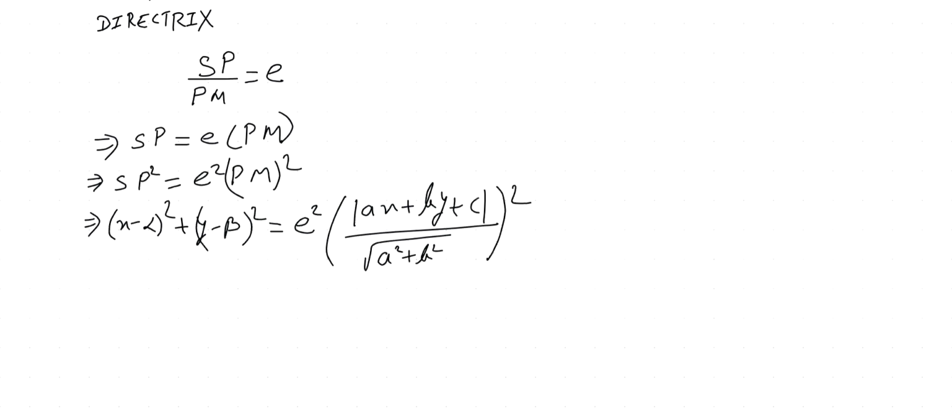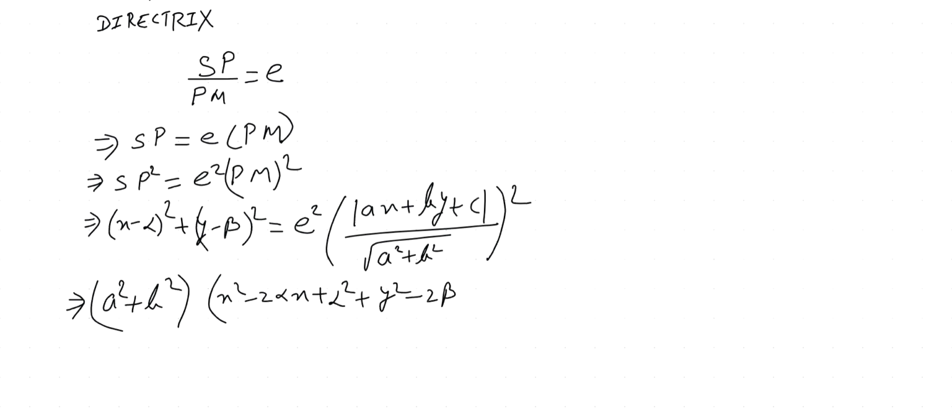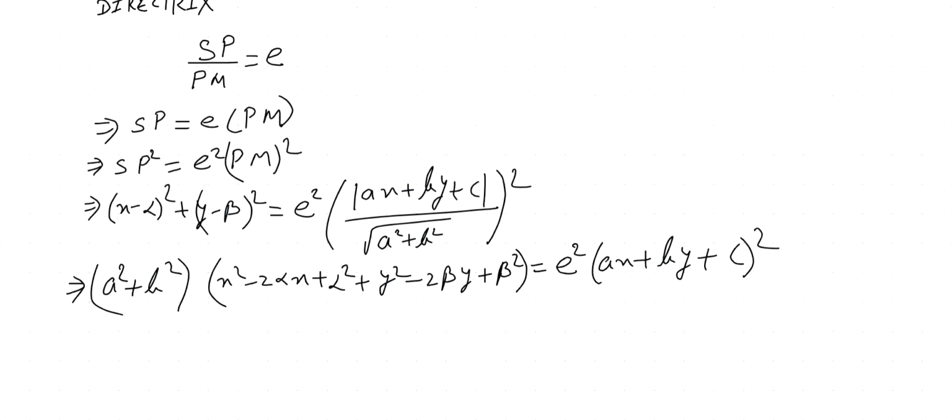From here it is going to be (a square plus b square) times (x square minus 2 alpha x plus alpha square plus y square minus 2 beta y plus beta square) equals, on the right hand side, e square times (ax plus by plus c) whole square. Next, expand everything.